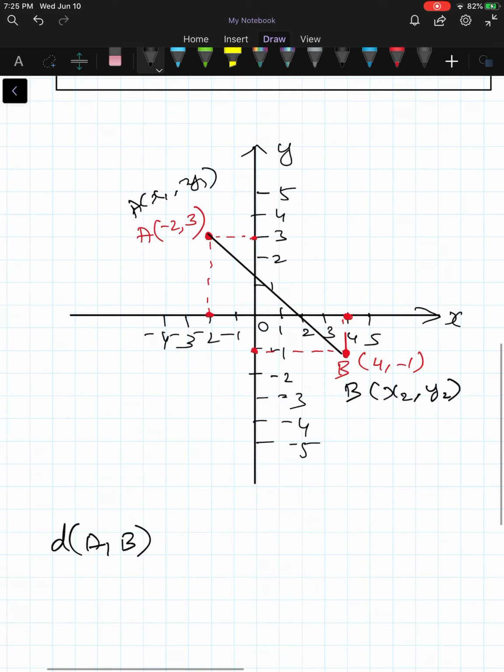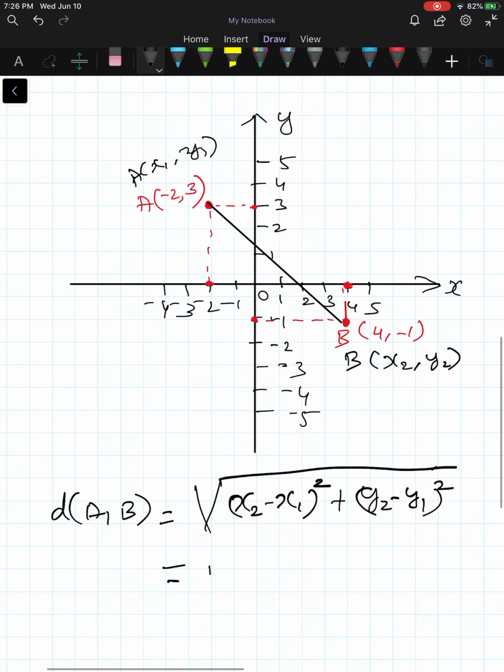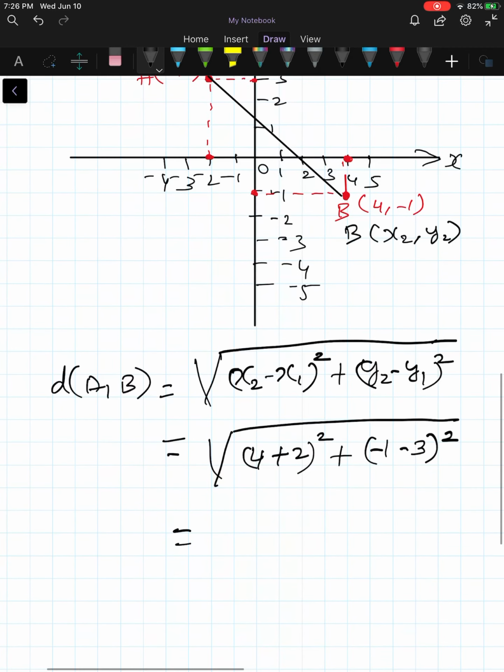So d of A, B is nothing but square root of x2 minus x1 the whole square plus y2 minus y1 the whole square. That is nothing but, what is our x2 here? It is 4 minus of -2, that is plus 2, the whole square, plus y2 is nothing but -1, so -1 minus 3 the whole square.